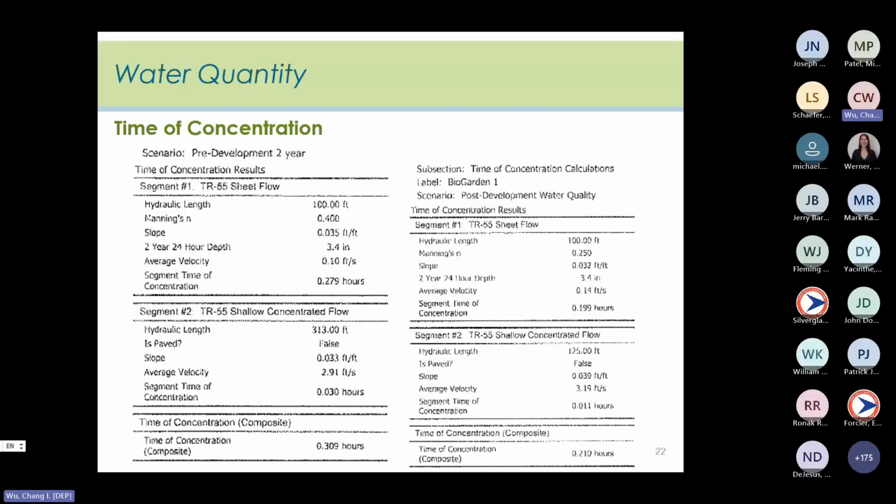The post-construction on the right seems to suggest that the contributory drainage area to bio garden number 1 is a pervious surface, which is unusual, since in most cases the basins are only designed for impervious surface. So let's take a look at the site plan to confirm that the contributory drainage area to bioretention number 1 is pervious surface.